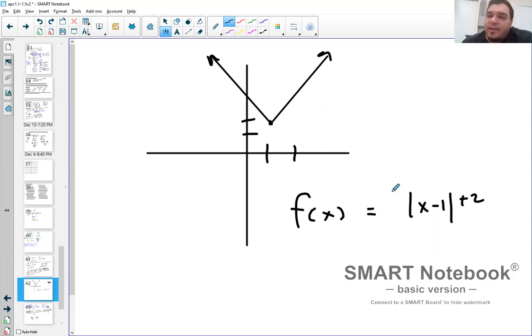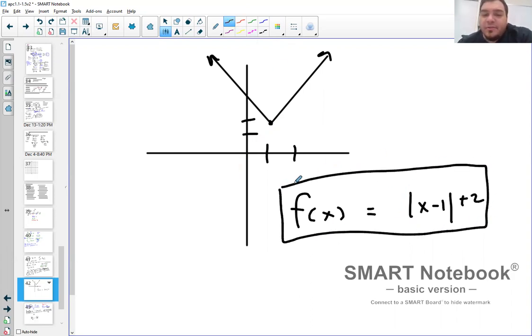They're too subtle for your eye to understand without actually doing all the calculations. But if it was upside down, you would put a negative in front. But it's not upside down, so no negative in front. You're all good. This is an answer to the question. This is an equation to said graph.